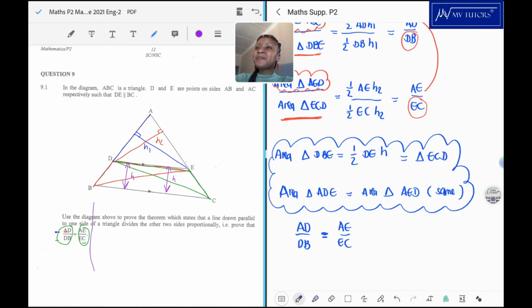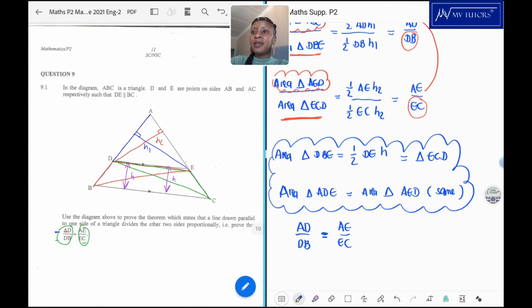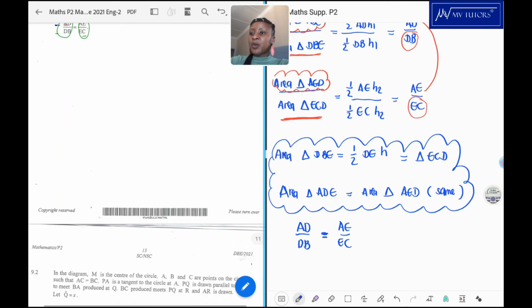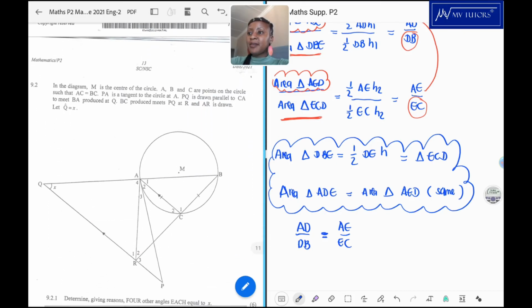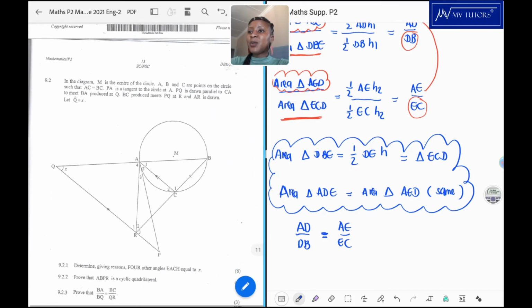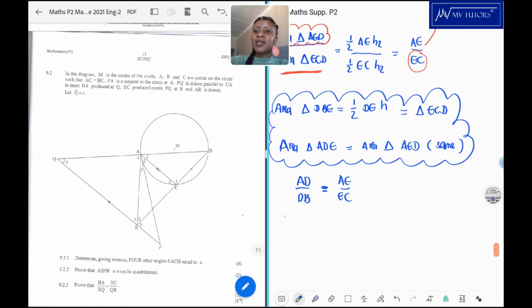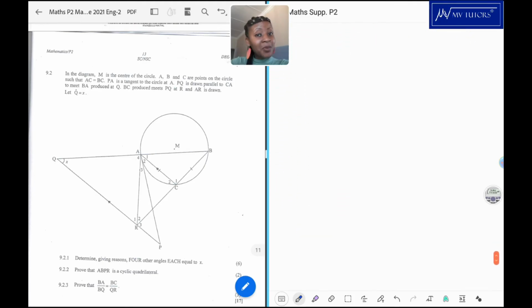Okay. So now let us go to the second part of the question. Bearing in mind all that we have done using the proportionality theorem, we are probably going to use it somewhere. Now it says in the diagram, M is the center of a circle.